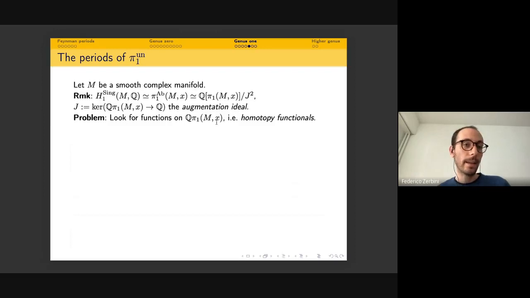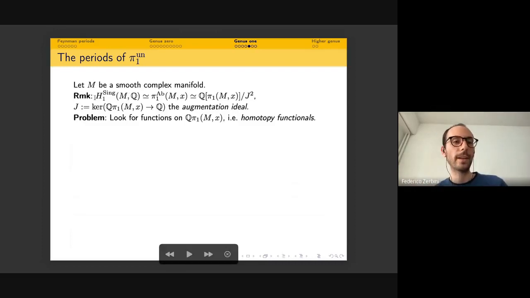And the idea, as you do with the singular homology, is to use integrals. So what do you do here? You use differential forms and the de Rham theorem, and you can describe all of the functionals with just integrals.